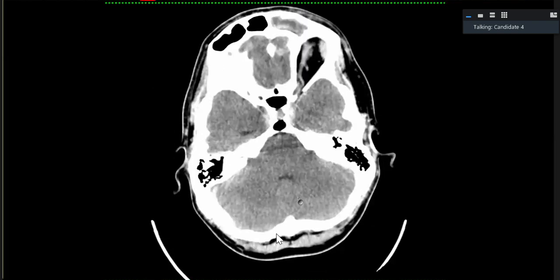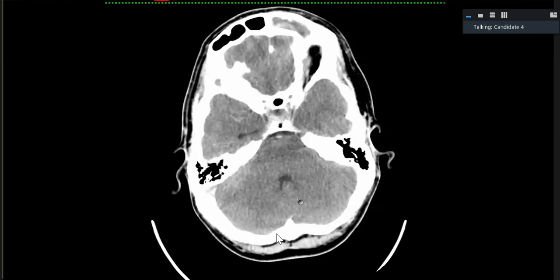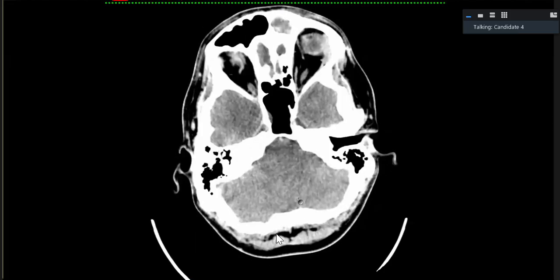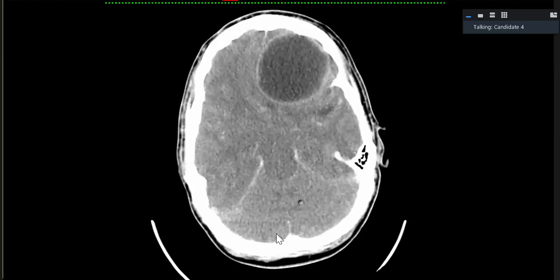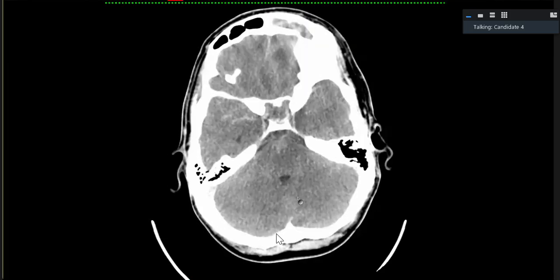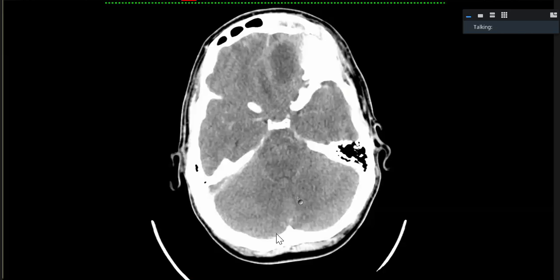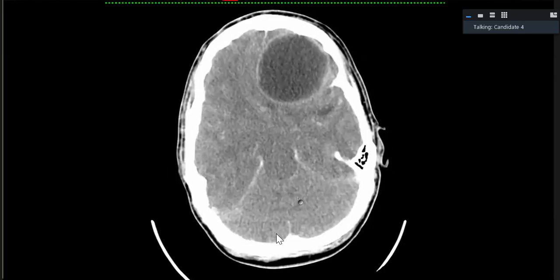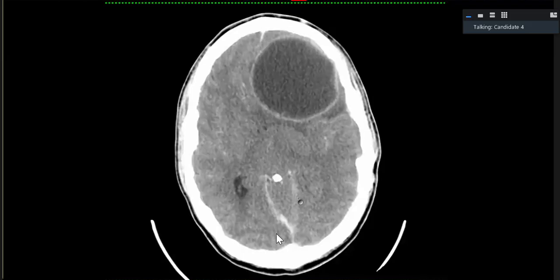So I am looking at the cause. There is evidence of soft tissue attenuation material opacifying the left frontal sinus, which suggests sinusitis, and I assume that is the area due to which the frontal lobe shows a hypoattenuating area, and there is development of abscess formation in the left frontal lobe.